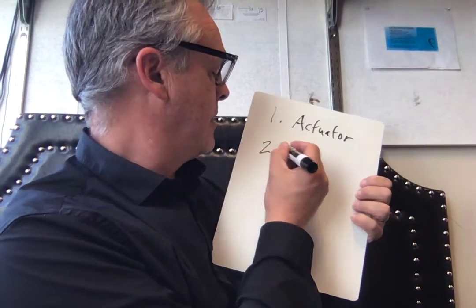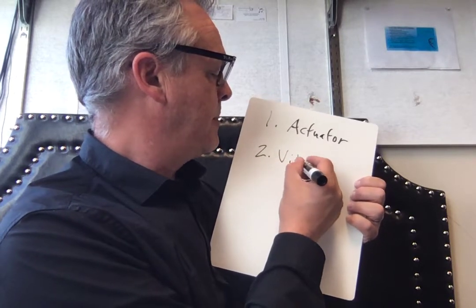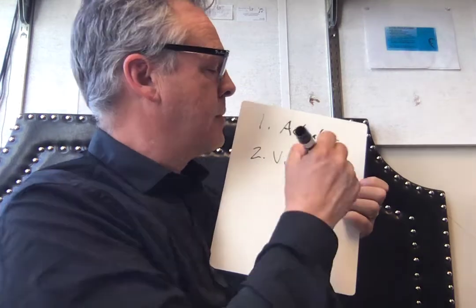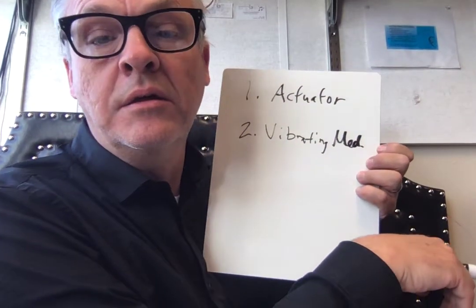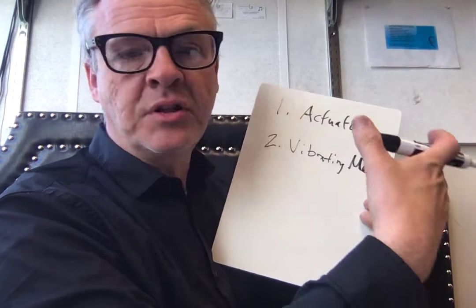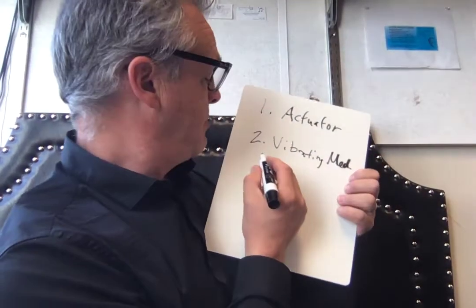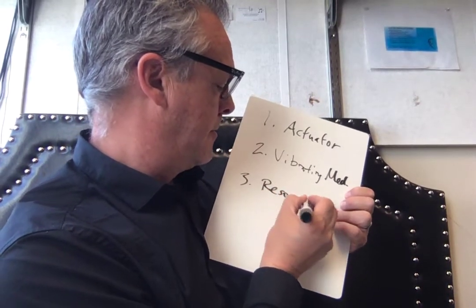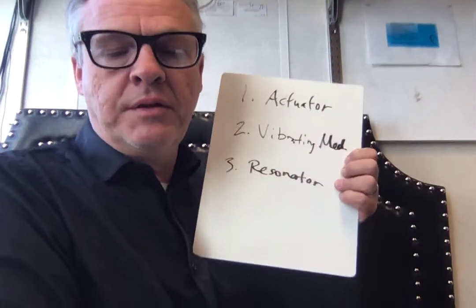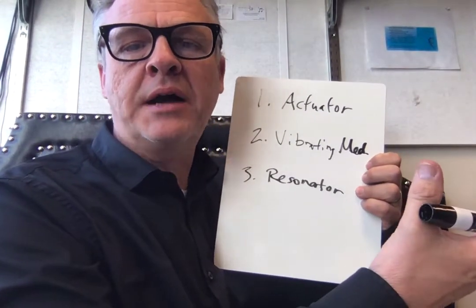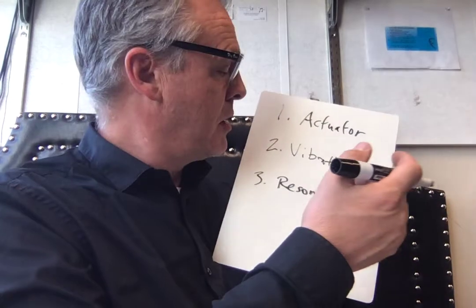Then the vibrating medium. So that would be the string, the thing that vibrates and makes the initial sound, pitched or unpitched as the case may be, and the resonator. And that's the fiddle in the case of a string instrument. So the actual box, the actual instrument.